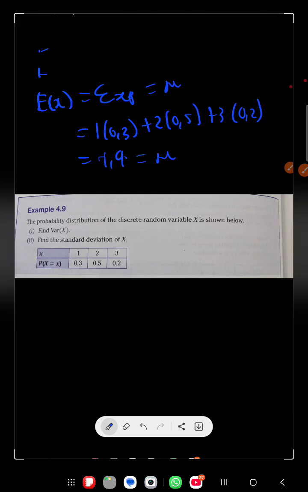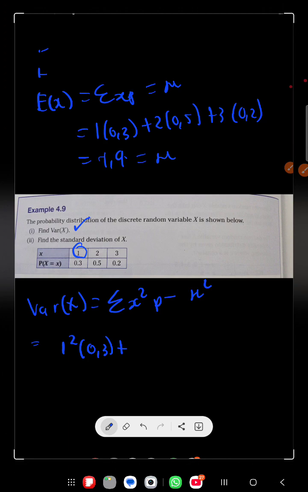Then they want the variance. How to get variance? So variance of x, like you should know now, say it out loud: summation of x squared p minus mu squared, right? Mean squared. So it's going to be 1 squared times 0.3 plus 2 squared times 0.5, plus 3 squared times 0.2.